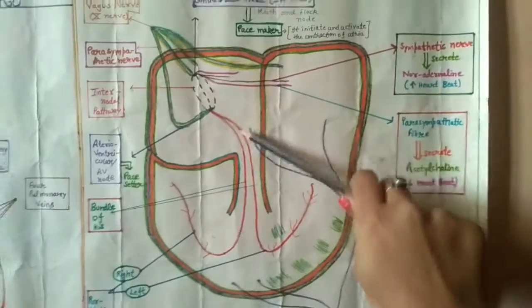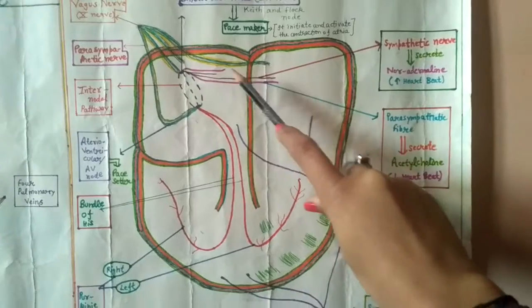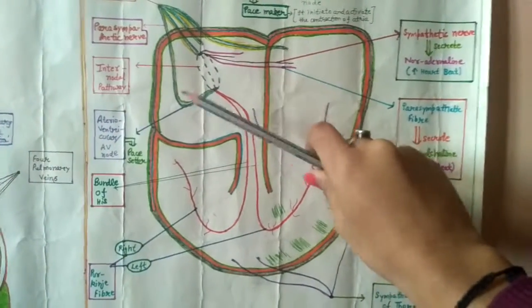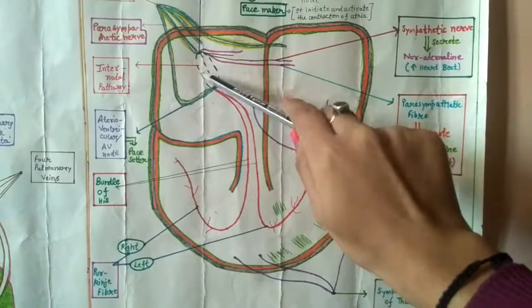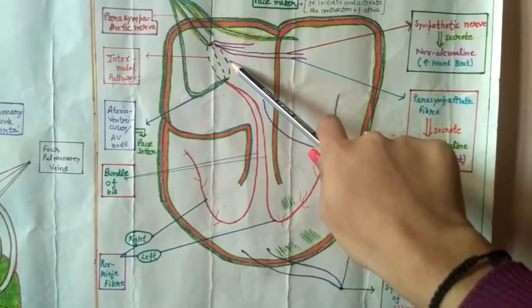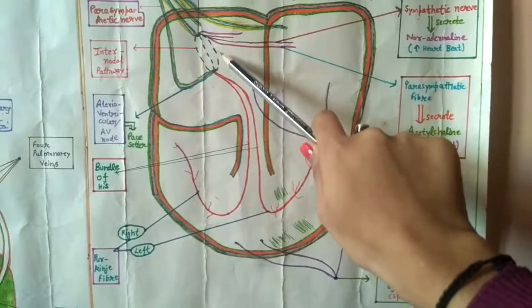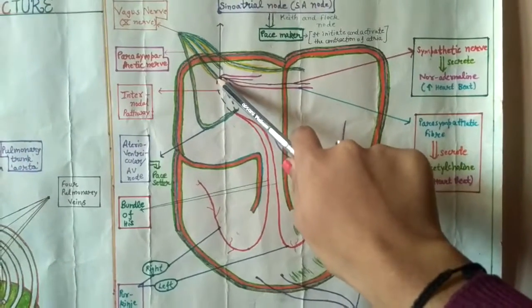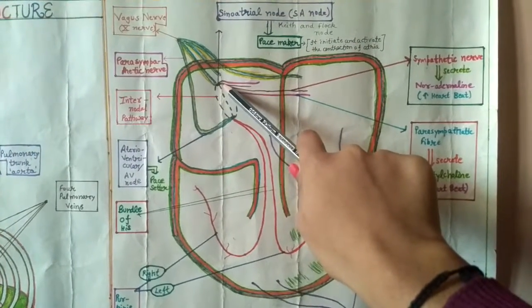The human heart is myogenic in nature, and it is also autoexcitable in nature. Myogenic means here inside the human heart some muscles lose the power of contraction and gain the power of conduction. Here you can see this is the sinoatrial node, which is situated near the superior vena cava.